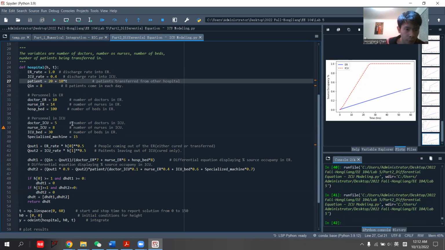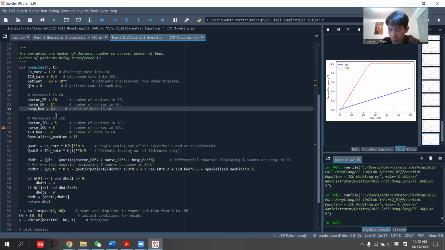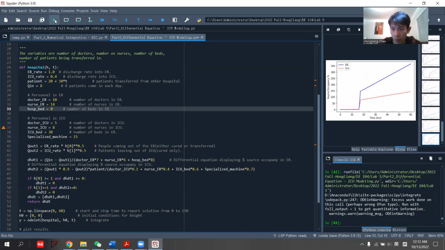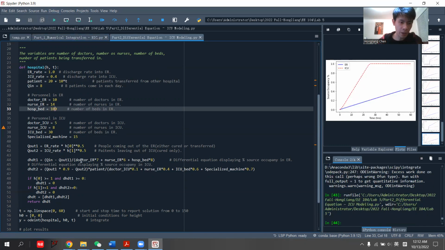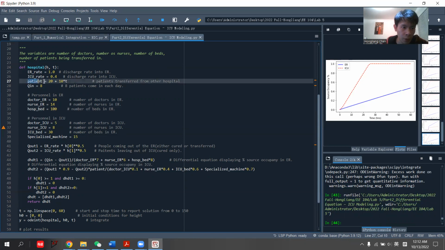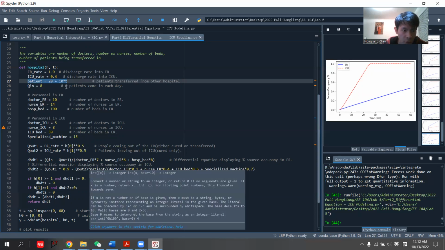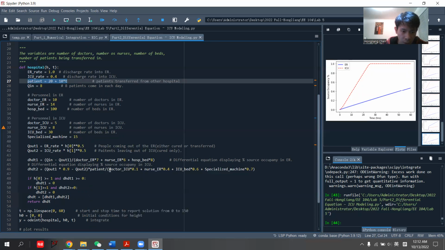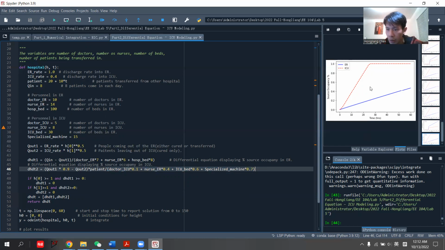So in this case, with an individual parameter for the ICU modeling, I have to multiply the patients sent to the ICU directly and divide by the resources the ICU units have, and then we can see the ICU being saturated and the emergency department is not.